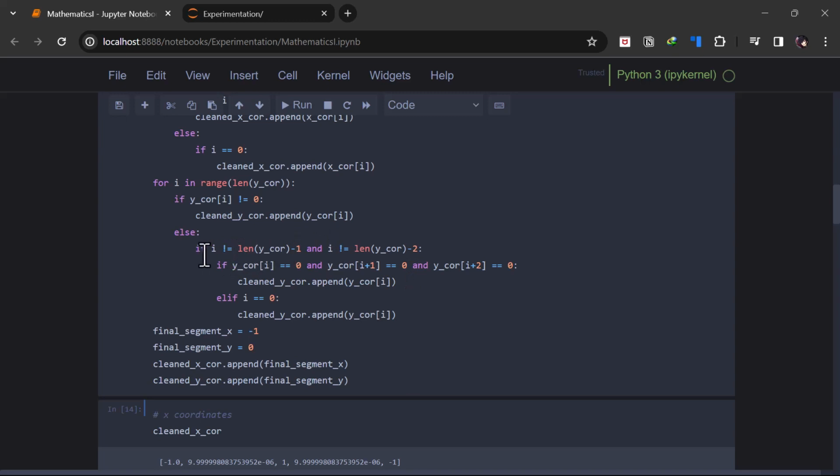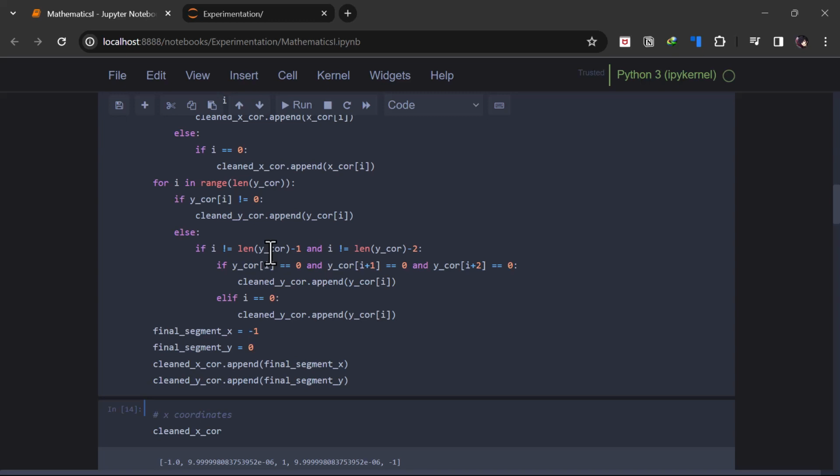Whatever I am at, it is not the length of the y coordinate minus 1, because the length calculation starts from 1 to whatever n is, the length of our list, but the indices start from 0.